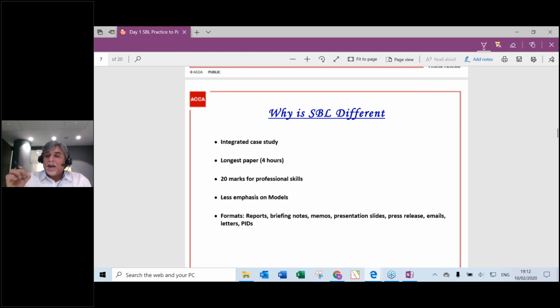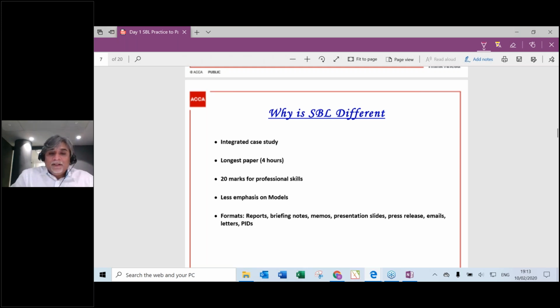And this is where I need to train you guys how to handle the last hour, because the last hour is kind of make or break. It all depends on your performance in the last hour. So we need to build that stamina, mental stamina, physical stamina, so that in the fourth hour we are equally able to focus and concentrate, and we do not give up. Okay, this is where SBL is different from other papers.